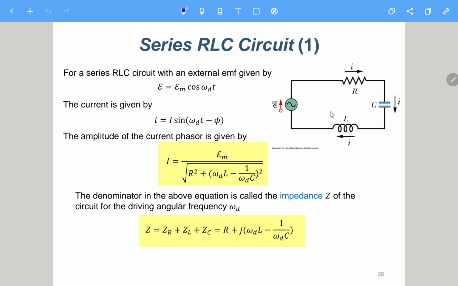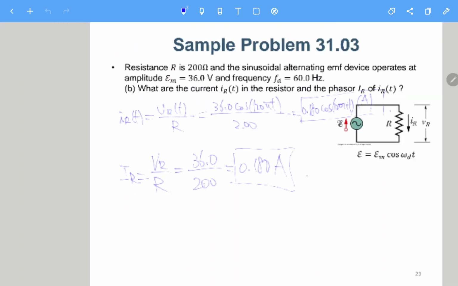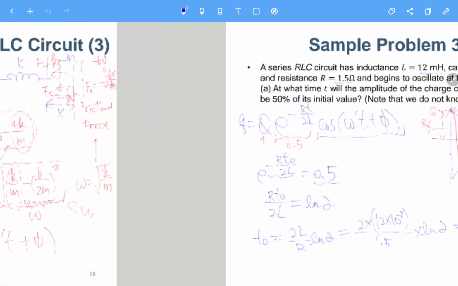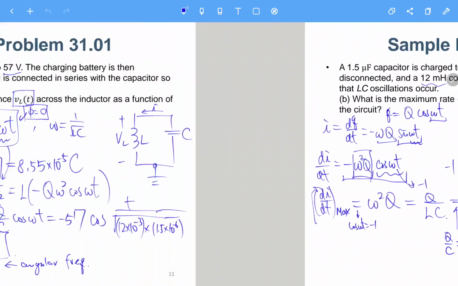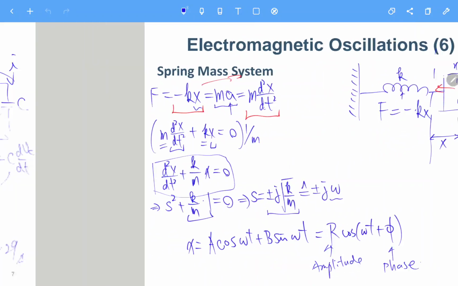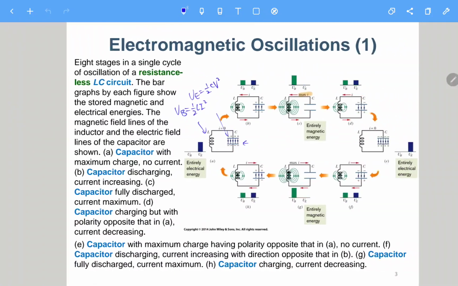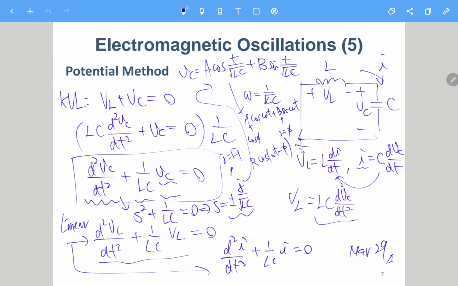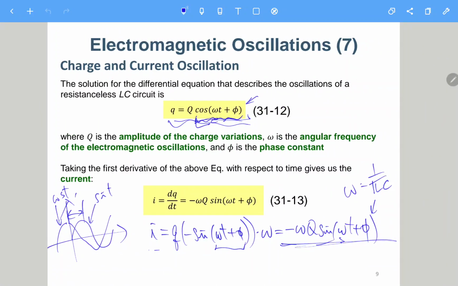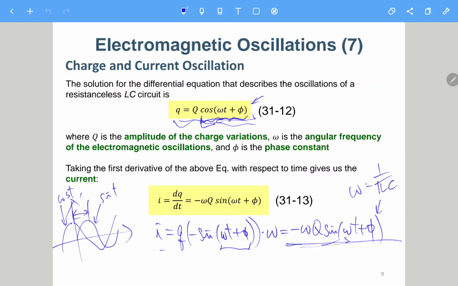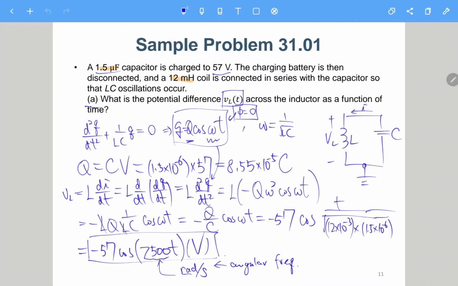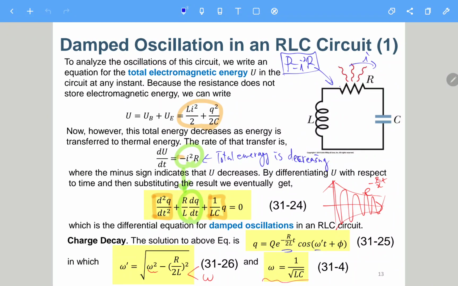So here is a series RLC circuit. I would like you to notice that this one is different from the previous one.